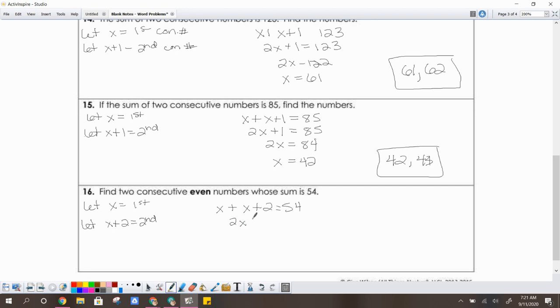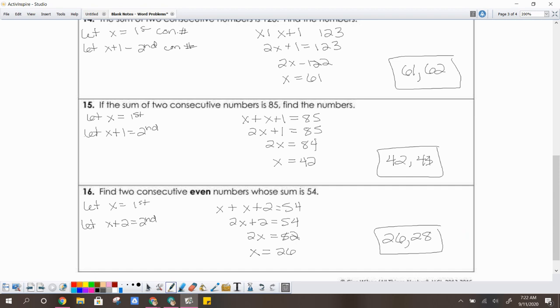Combine like terms. Subtract 2 from both sides. Divide by 2. Okay, and then the next consecutive number, so the first number is 26, and then you would just add 2 to that to get the next one, which would be 28.